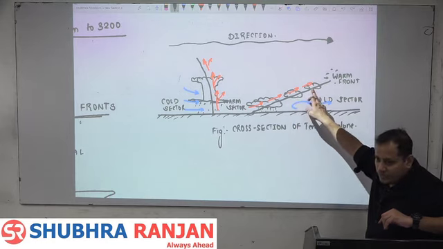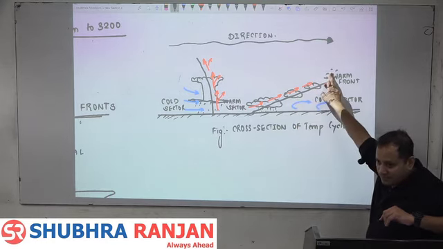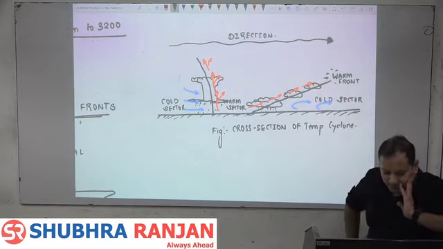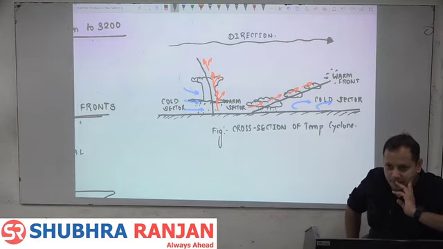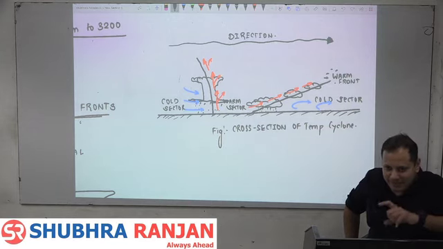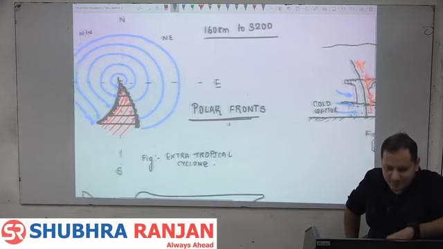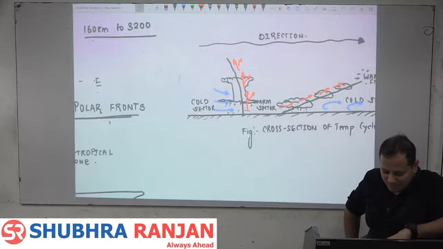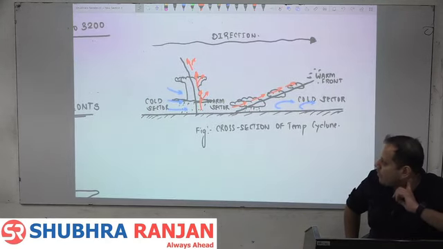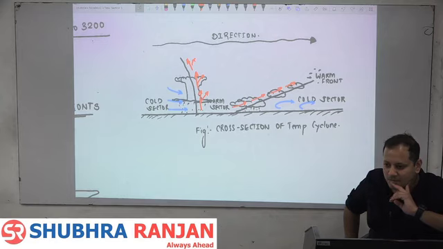Alto, cirro, cirrus. Now, are you getting an idea of what this diagram is? And how they are going to move? West, east.